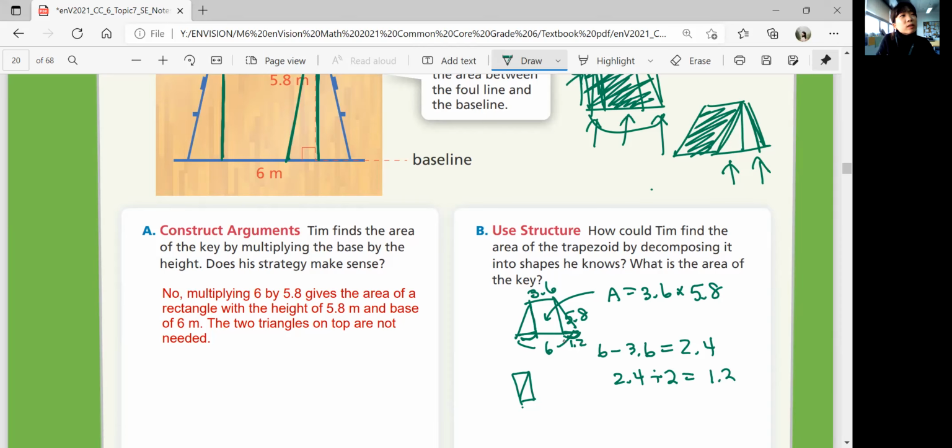So that's 1.2 and that's 1.2. You see that? Then the height is still 5.8. So the area of these two triangles that we didn't get is 1.2 times 5.8.